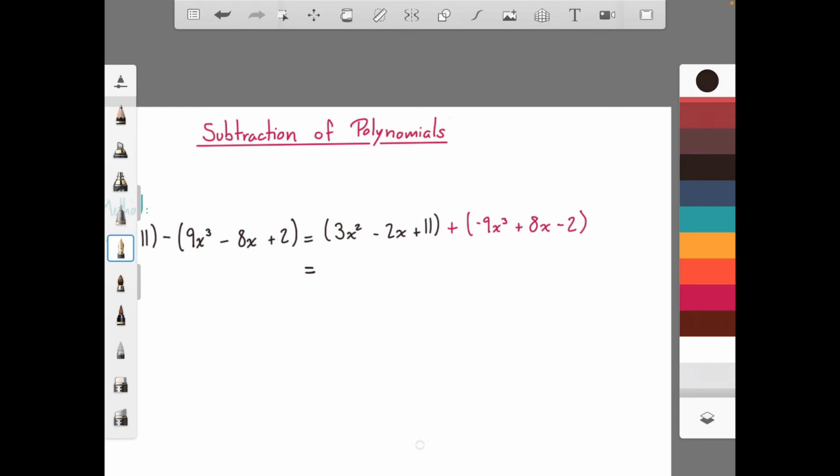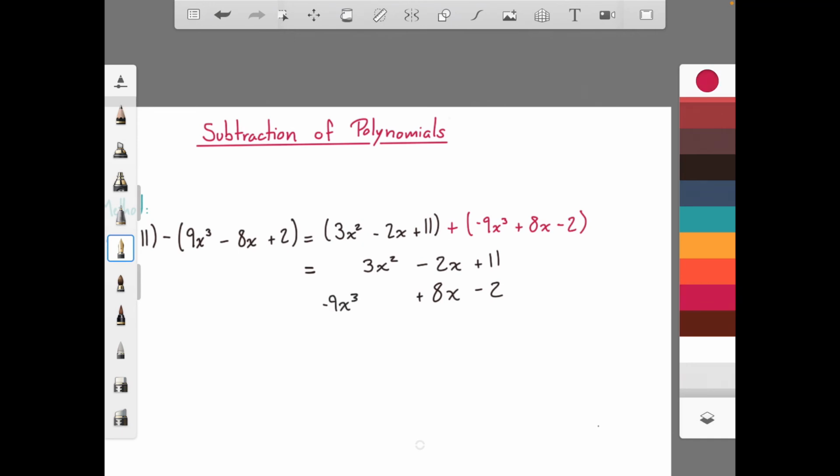Okay, now that we have this, we can organize them through like terms. So now we have 3x to the second power minus 2x plus 11, and now we have negative 2 and 8x, and we also have negative 9x to the third power.